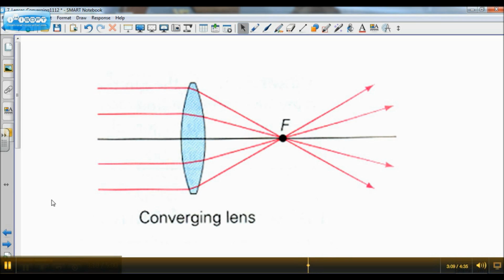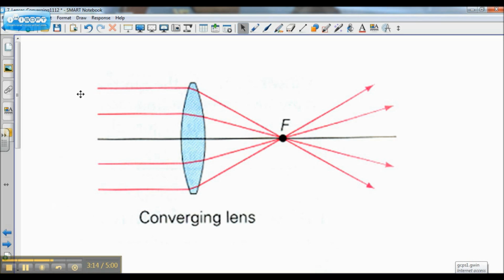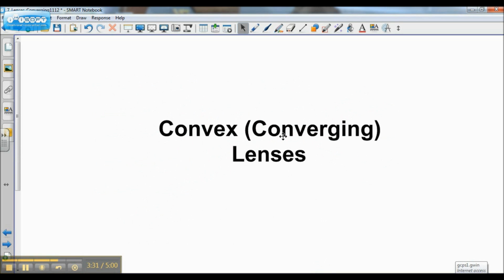So here are my better diagrams to help you understand exactly what happens with light rays. Here we have 4 different light rays that are all coming parallel as lines. When they go through this converging lens, they all bend in a way where they focus into one point. That's your focal point.